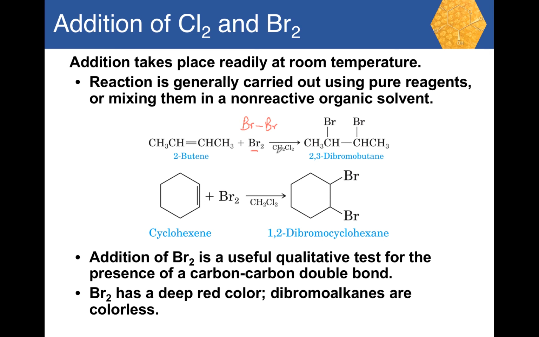These reactions are accomplished in the presence of a non-reactive, inert solvent, and you'll typically see it written on the arrow. Here is methylene chloride, CH2Cl2, but it's a solvent. It's not a reactant. It's not part of the reaction.